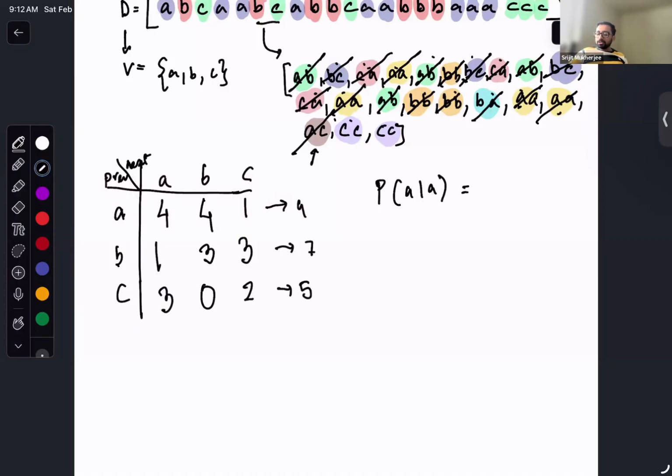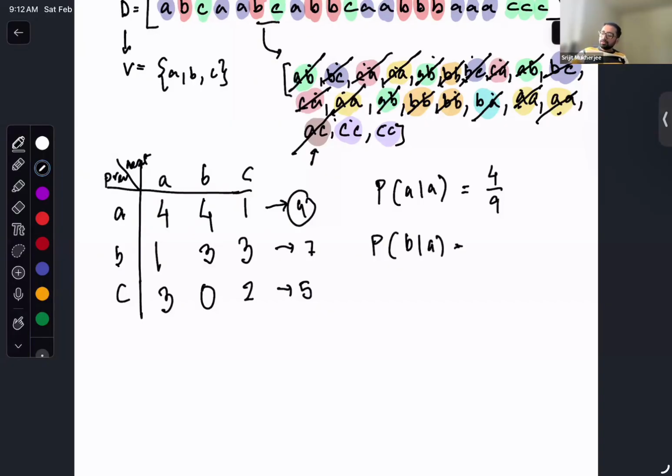Similarly, 5 is possible. So probability of A given A is not 4 by 21. It will be 4 by all the options that are available after A. So options available is 9. So it will be 4 by 9. It's called conditional probability. Okay? So does it make sense, all of you? Give a thumbs up. Probability of B given A, sorry.